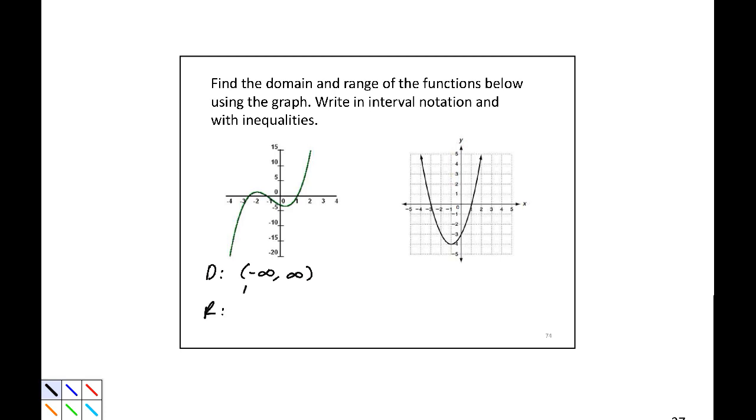And actually, I'm going to go ahead and write this. This little symbol with an R actually indicates all real numbers, which is -infinity to infinity. All right. The range, it doesn't get to a lowest point or a highest point. So this one is also -infinity to infinity, or all real numbers.